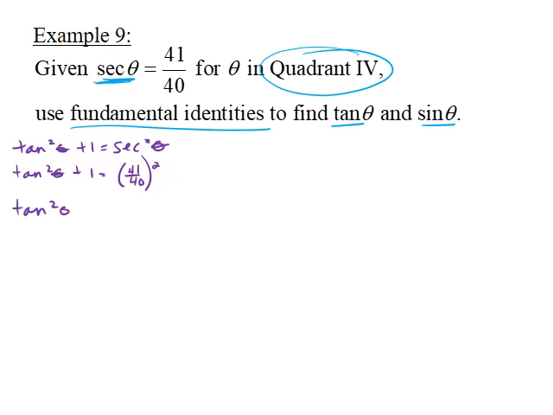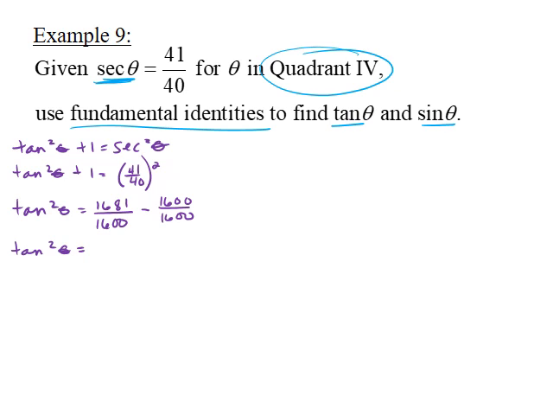All right. Squaring this, I'm actually going to subtract 1 from both sides. I'm just going to try to make this a little bit faster. So 41 squared is 1681 over 40 squared, 1600, minus 1. Okay, now when I subtract 1 over here, that's like subtracting 1600 over 1600.